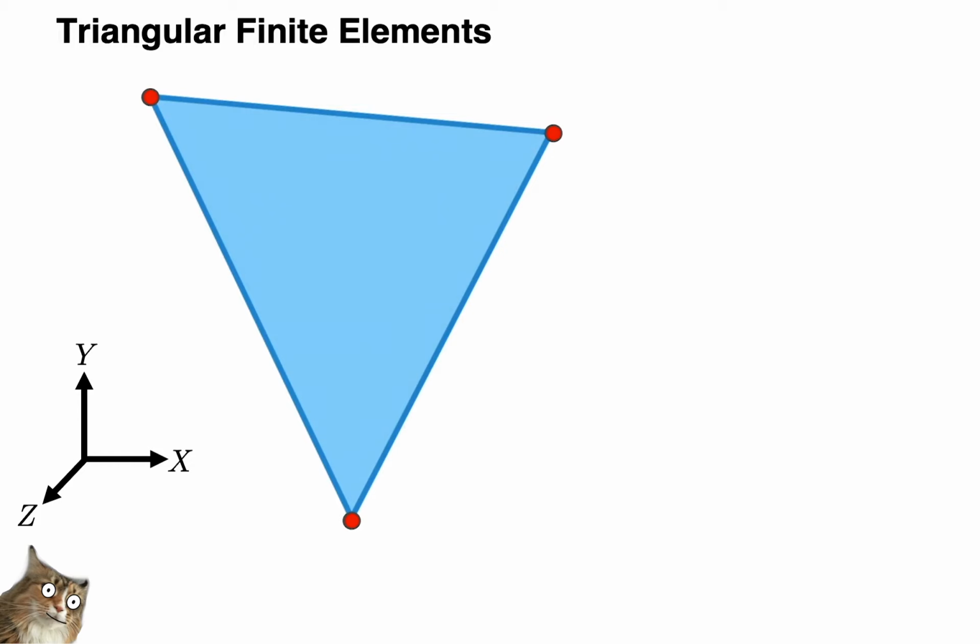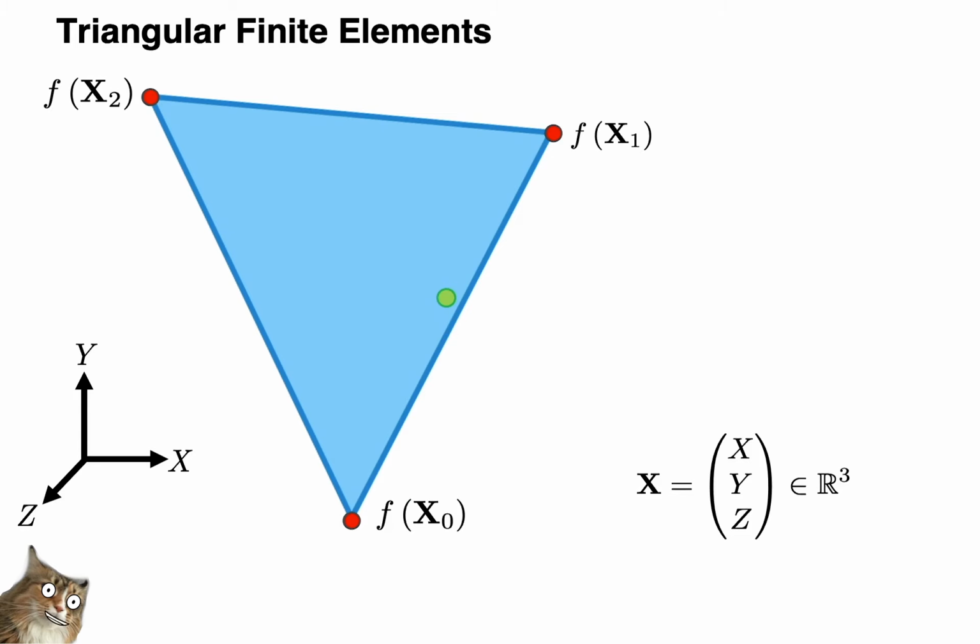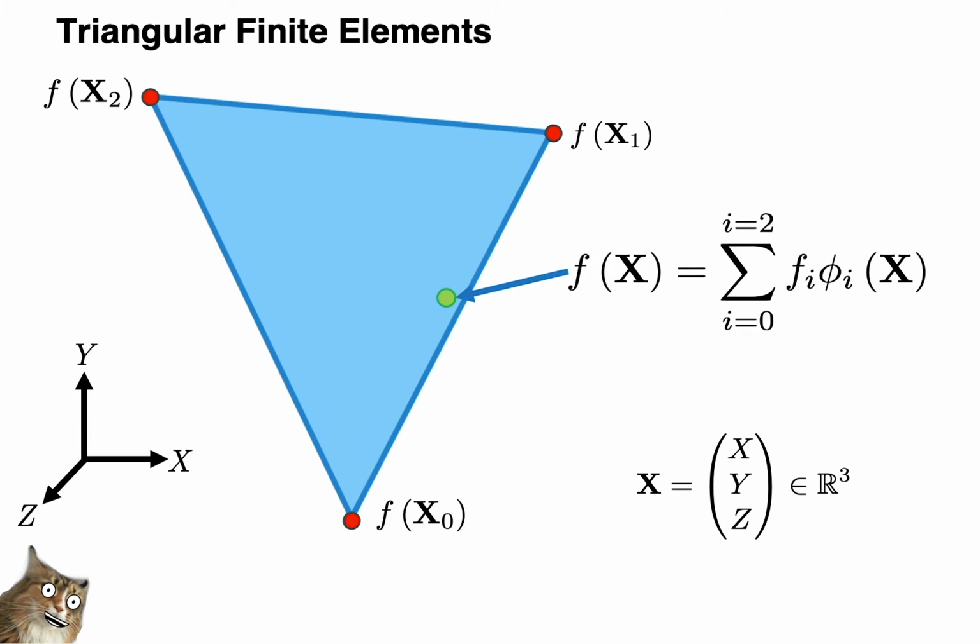Here's our setup, and it looks very similar to what we've been working with in the previous videos. We have our triangular element embedded in a 3D reference space, and just as before, we'll represent a point in this space using capital X. We'll store function values at the vertices of our triangle, and we'll rebuild the function inside the triangle using a weighted combination of these per-vertex function values, multiplied by per-vertex interpolating functions called shape functions.